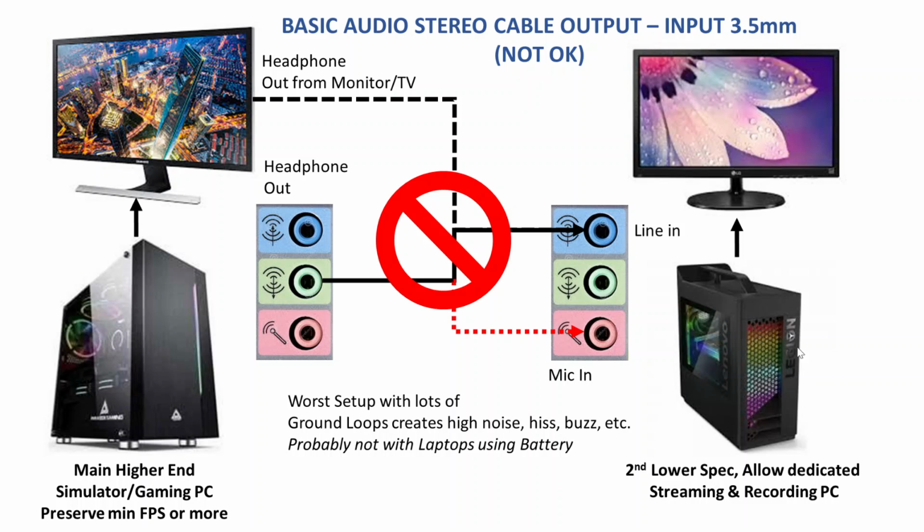Except if this secondary PC is a laptop with battery, that probably eliminates the ground loop by itself, because there's no power supply connected to your power socket creating another ground loop to this main PC. I haven't tried it with my laptop, but I think you have to use a laptop with a battery without the adapter. That's the best scenario for these basic connections.